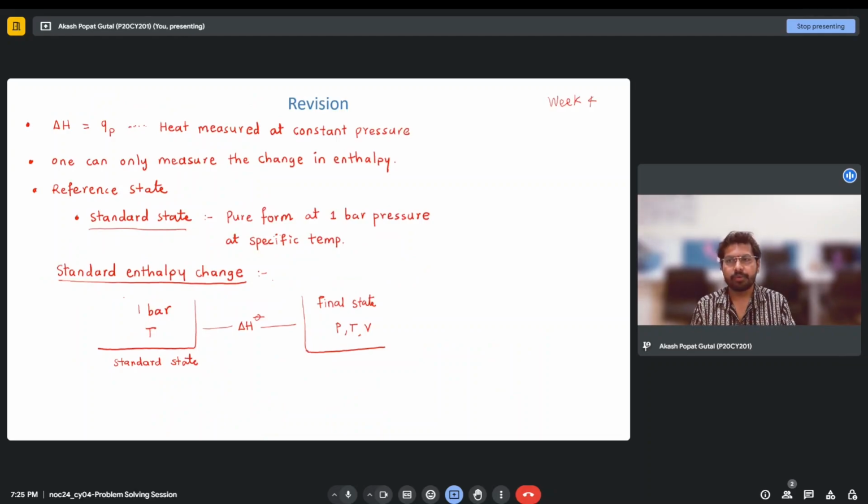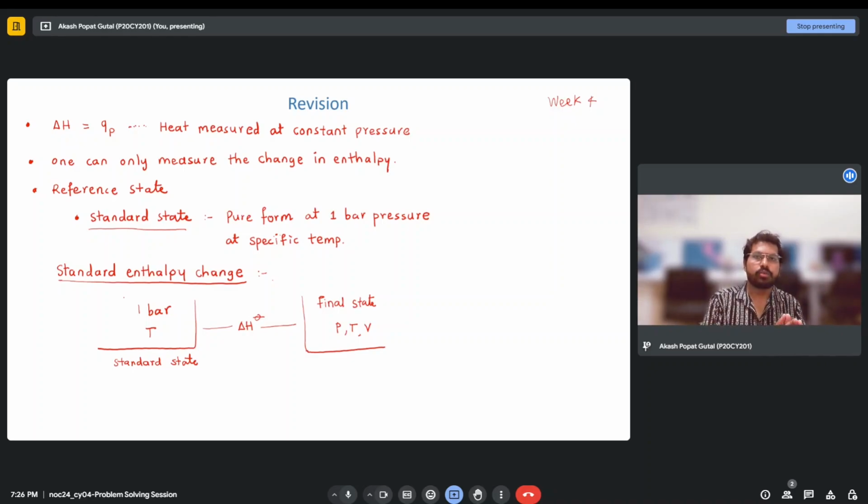Then in week 4, we have seen that heat measured at constant pressure is enthalpy. Again, we discuss the enthalpy. We define that one can only measure the change in enthalpy, not the enthalpy itself, because enthalpy is just internal energy plus PV.